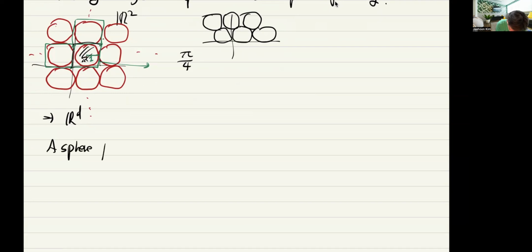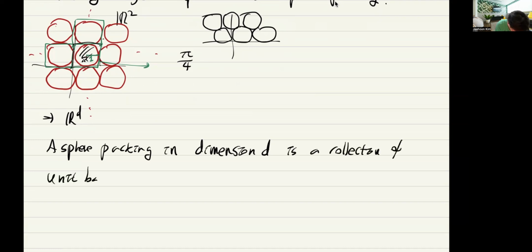So a sphere packing in dimension d is a collection of unit balls in R^d whose interiors are pairwise disjoint.